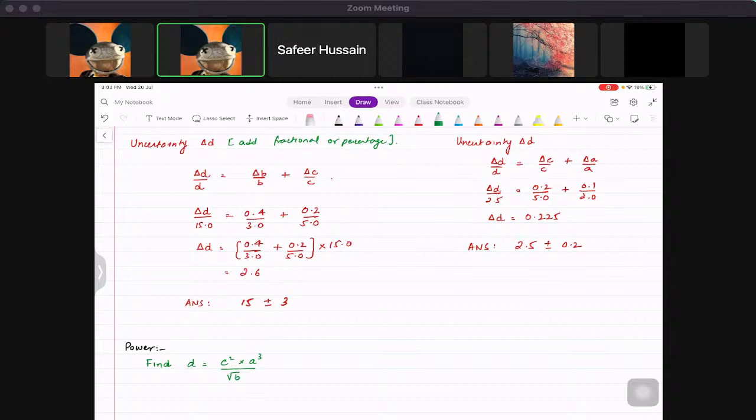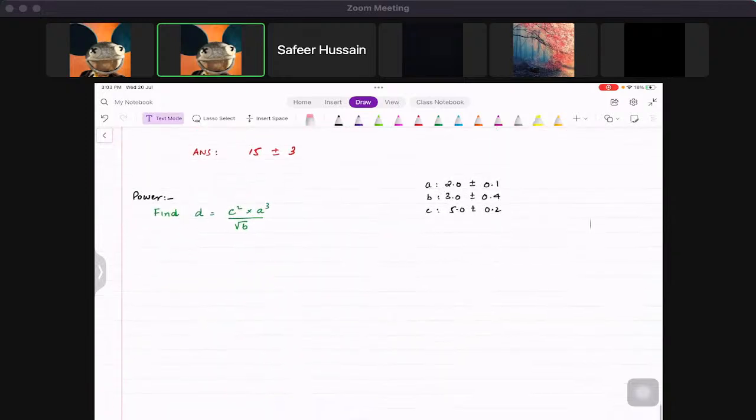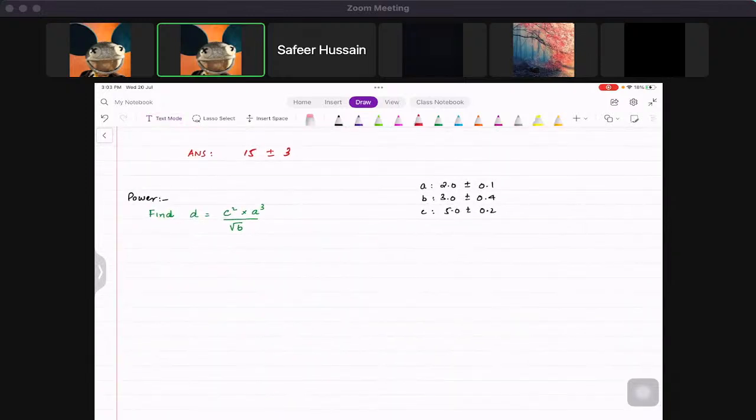And let's put in the set here. Okay. Now the same thing, the mean value of D would be equal to 5.0 whole square times 2.0 cube and root of 3.0, right?